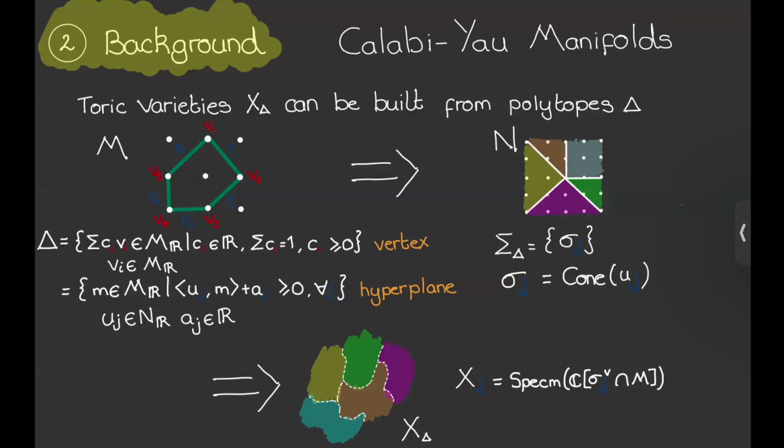So given a polytope, which is just the convex hull of a set of points in a lattice, we can construct a toric variety. So the first thing we do is we construct the normal fan in the dual lattice to the polytope. And from this normal fan, we take each of the cones and we construct an affine toric variety. And then we sort of glue these affine toric varieties together in order to create the total toric variety.